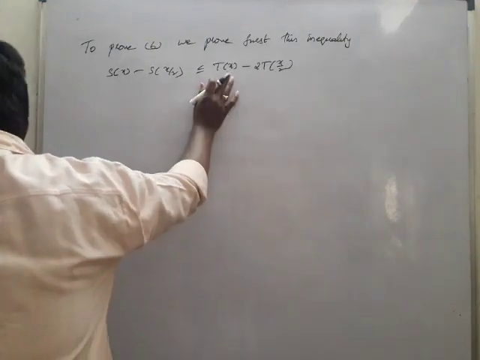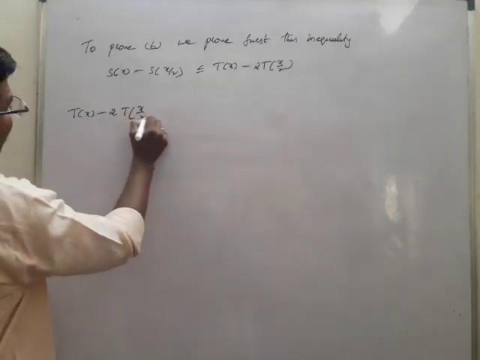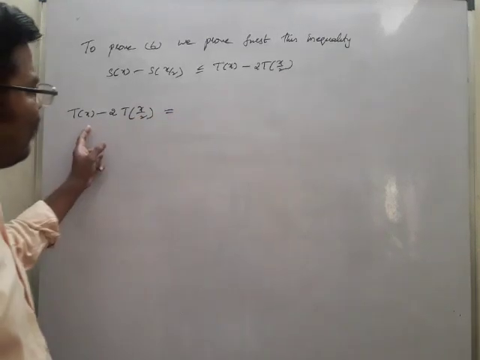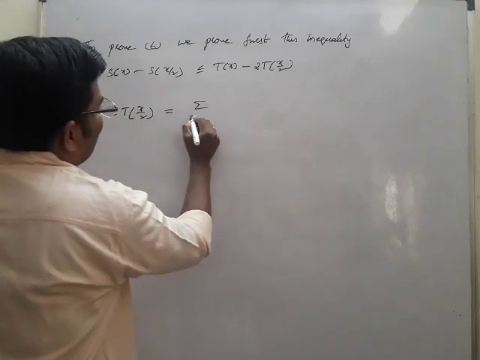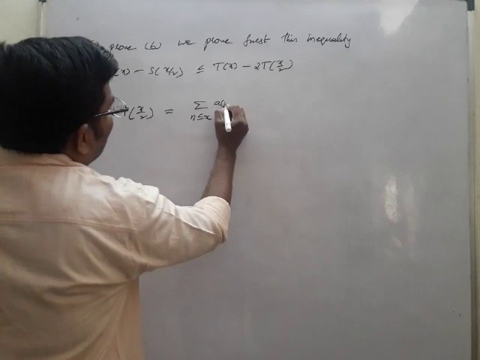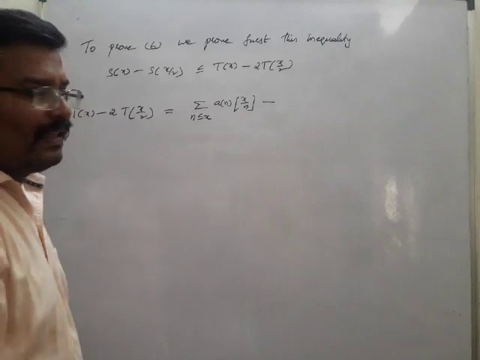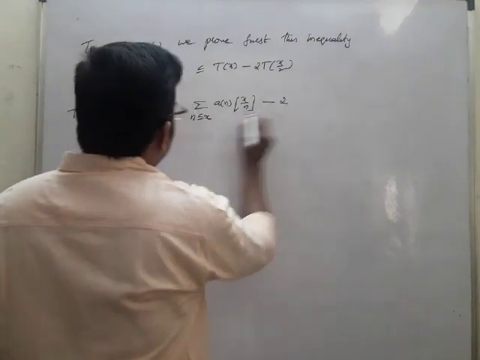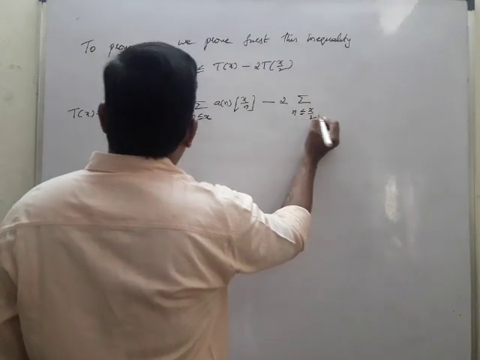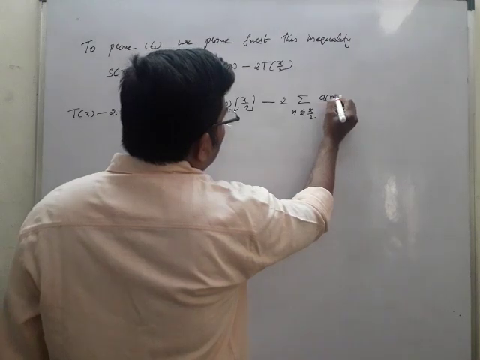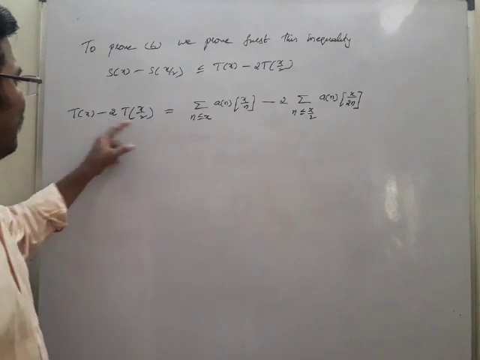So first we'll take t of x minus 2 into t of x by 2, I'm just solving these two. Already we have taken t of x as the summation over n less than or equal to x of a of n x by n. This is what we have chosen just now. Next, 2 into t of x by 2 is the summation over n less than or equal to x by 2 of a of n x by 2n, because it is x by 2.